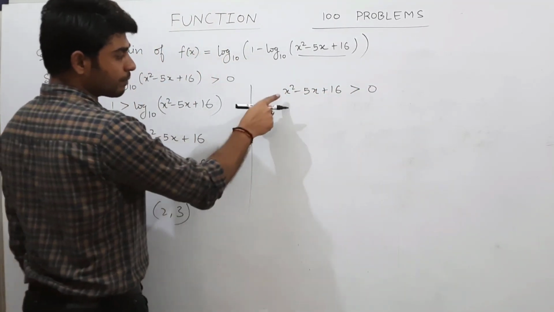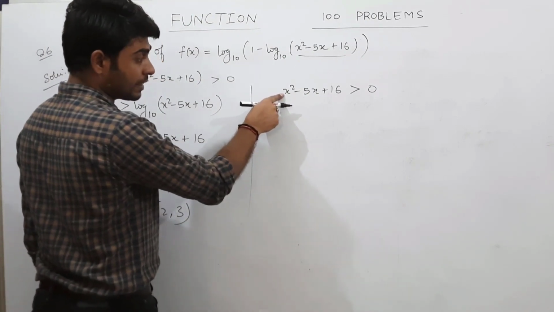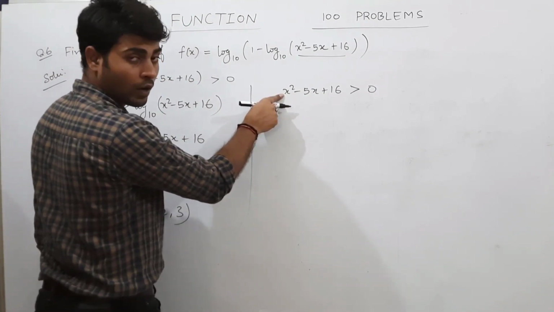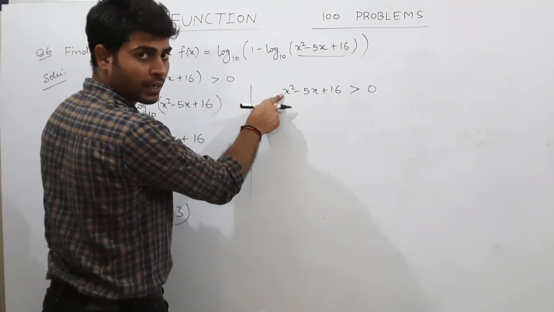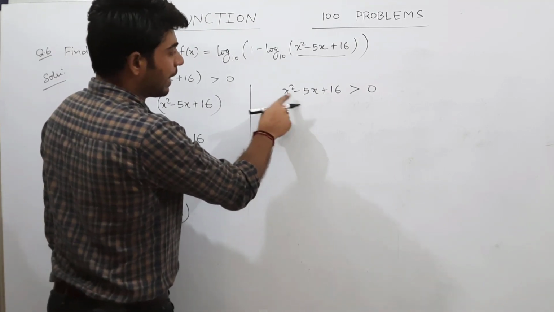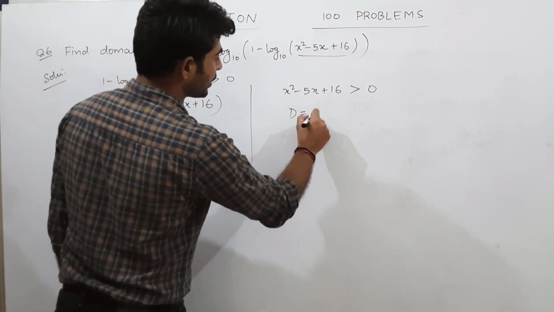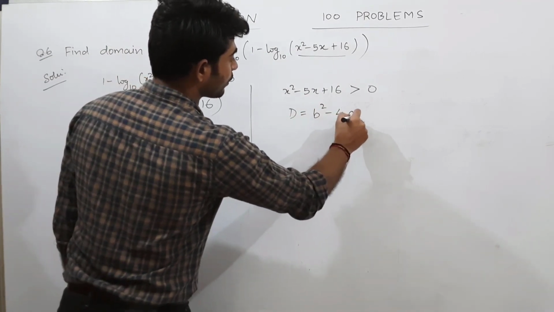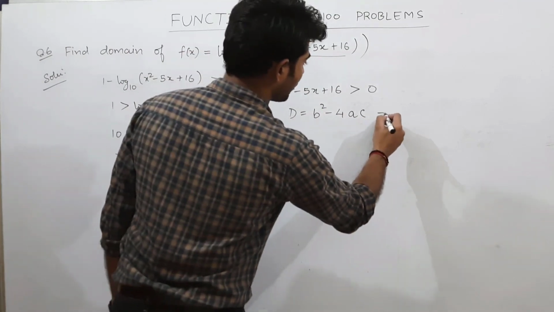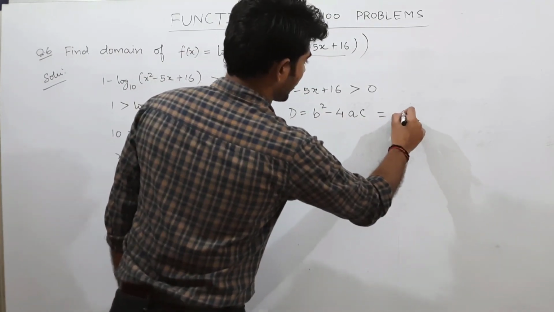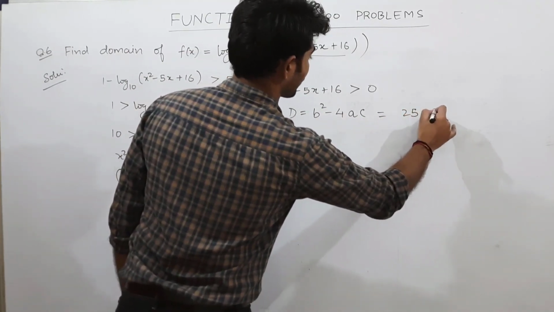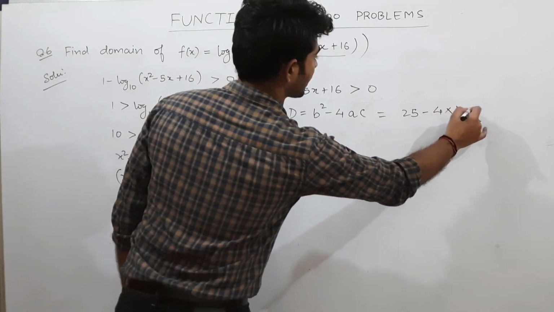As you can see here, x square has leading coefficient 1, which is positive, meaning the graph will be a parabola opening upward. And here, look at the discriminant, which means b square minus 4ac. If you calculate this, it comes to minus 5 square, 25, minus 4 into 1 into c, 16.